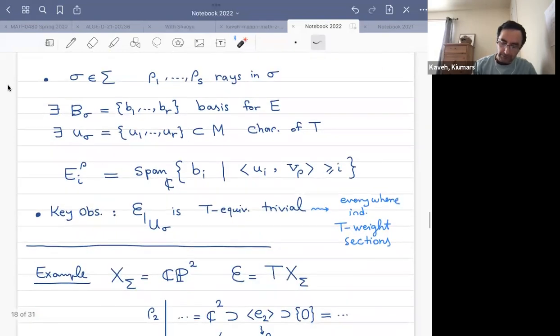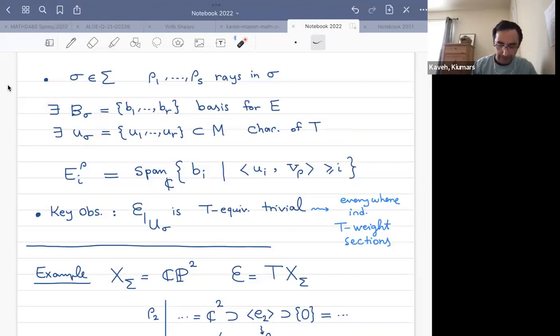What is the meaning of compatible in the sense of Klyachko? You pick any cone in the fan, which corresponds in fact to an affine chart. It has some rays. Then compatibility means there exist these two data. Previously, compatibility for line bundles meant there exists a linear function.